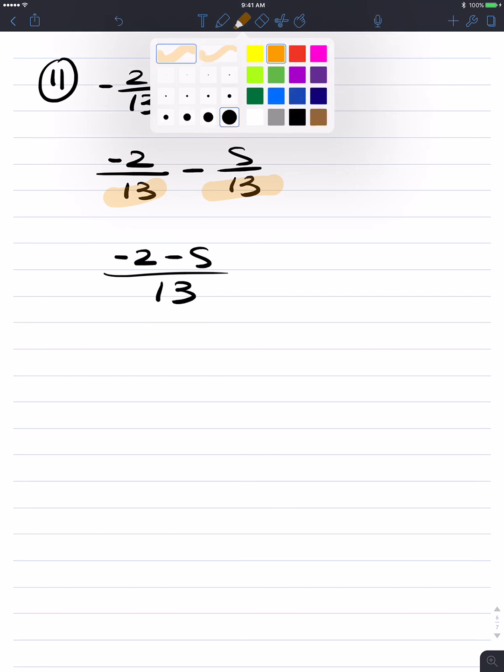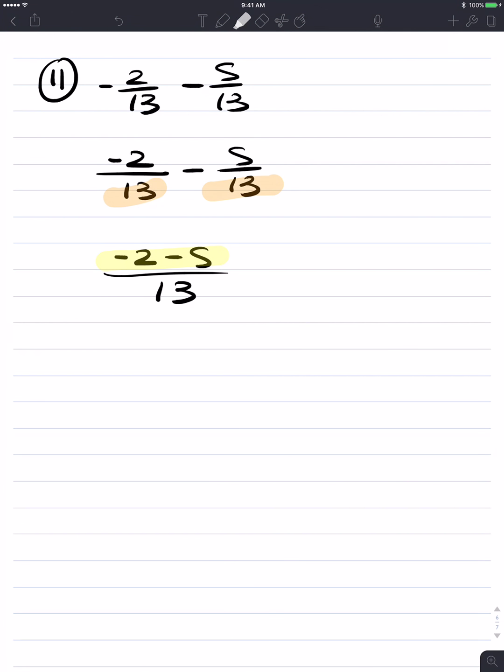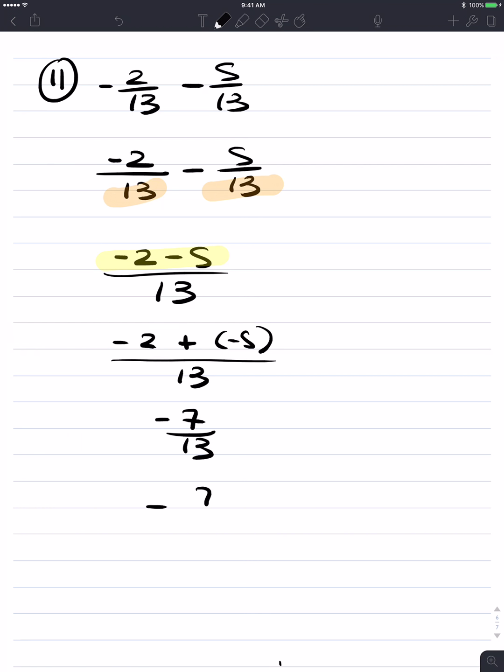I'm going to perform the arithmetic on top. The arithmetic can be written as negative 2 plus a negative 5 over 13. So I owe $2 and I owe 5. I owe 7. Keep your negative sign at the same level as your division sign. And notice that 7 is prime and 13 is prime, so they will not cancel. I'm done.